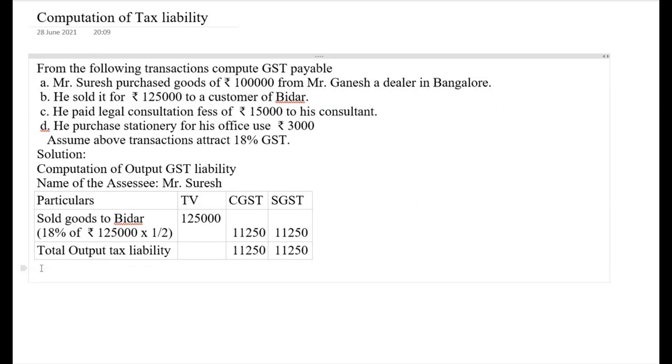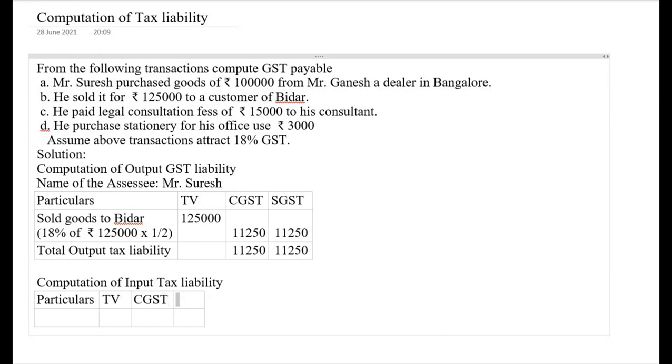Similarly, we should find out the input tax liability. So let's write down here computation of input tax liability. Again, let me insert the same columns here: the particulars, TV, that is transaction value, CGST, SGST. Now let's begin with the purchase of goods.